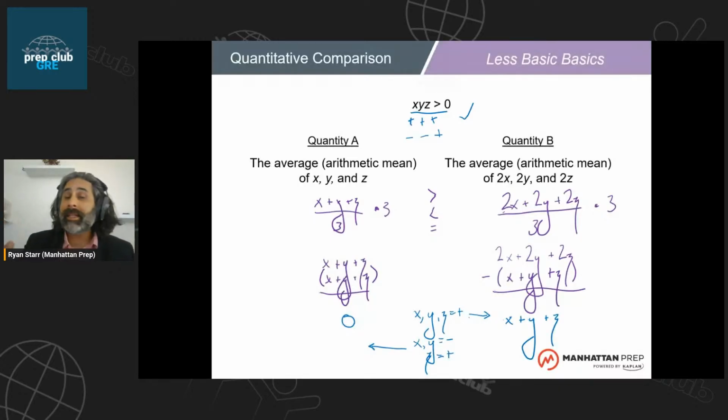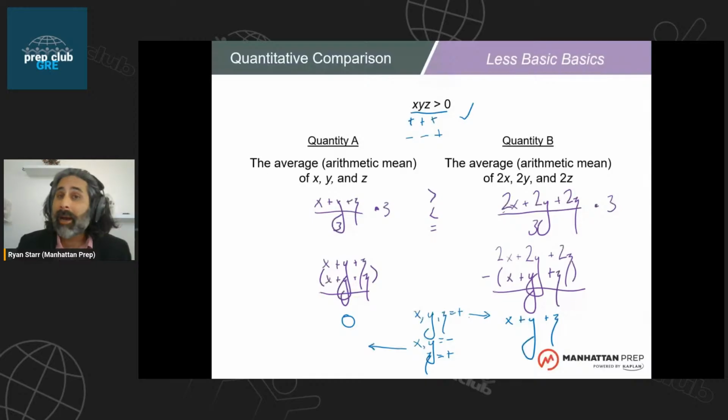The algebraic clearing early on led to some conceptual, some logical insights. Like logically, this is about whether x plus y plus z is positive or not, right? And you could have started with that. You could have looked at this and said, well, yeah, but 2x, 2y, and 2z won't necessarily be bigger than x, y, and z if there are some negatives there. You never have to do the algebra here at all. The algebra, though, clears away a lot of noise that doesn't need to be there in problems.